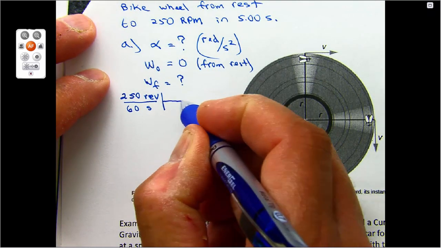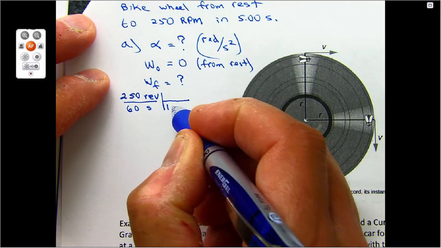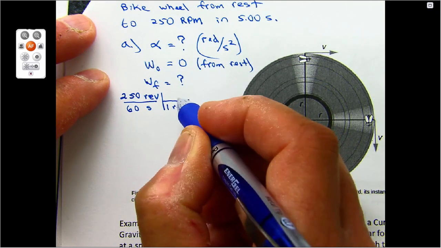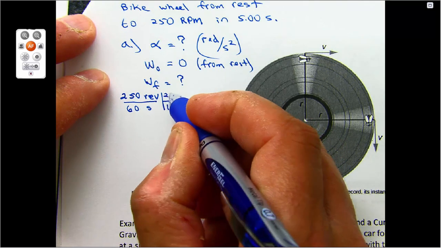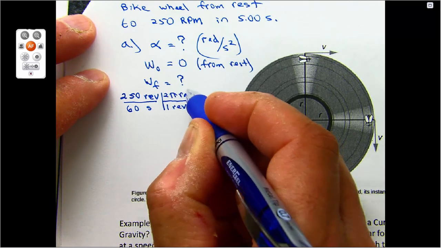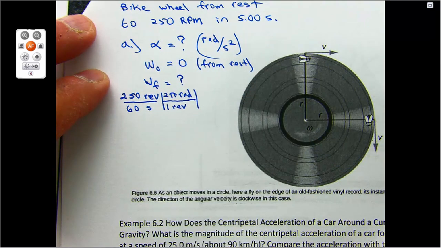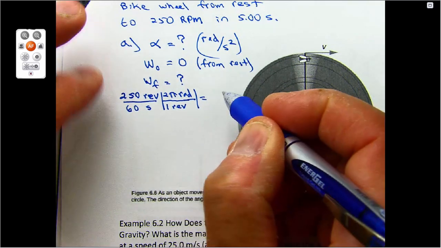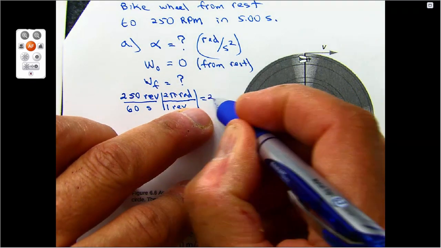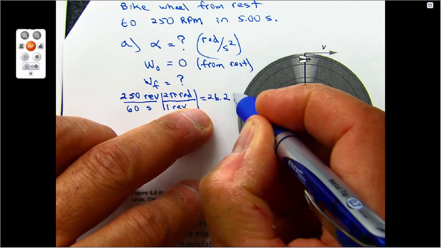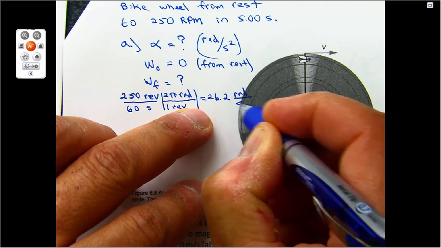Then you'll use this conversion all the time: 1 revolution, 2 pi radians. So this gets omega final at 26.2 radians per second.